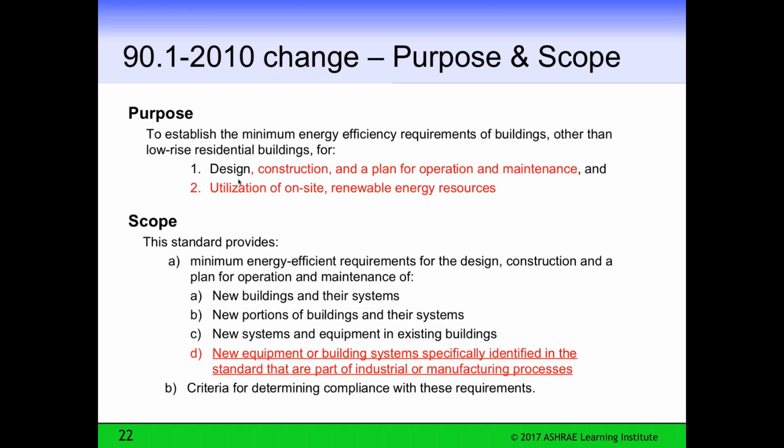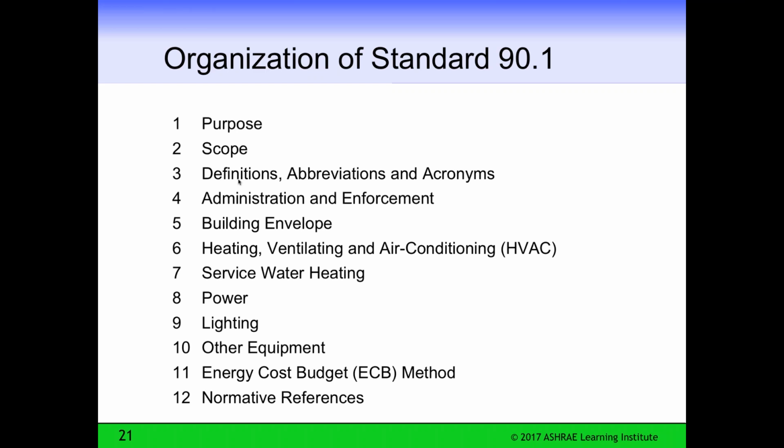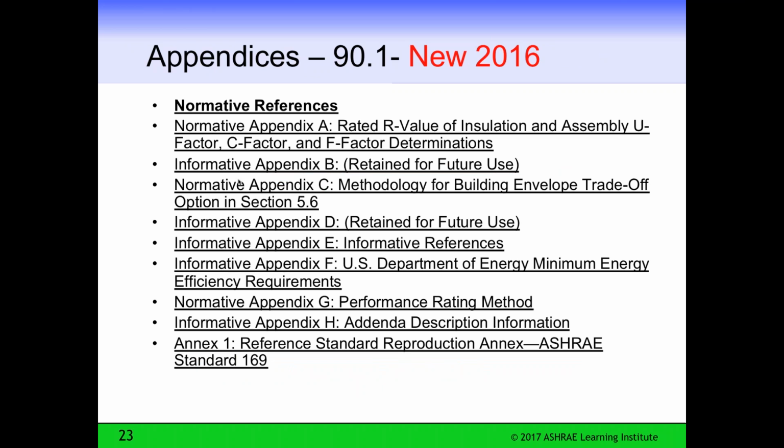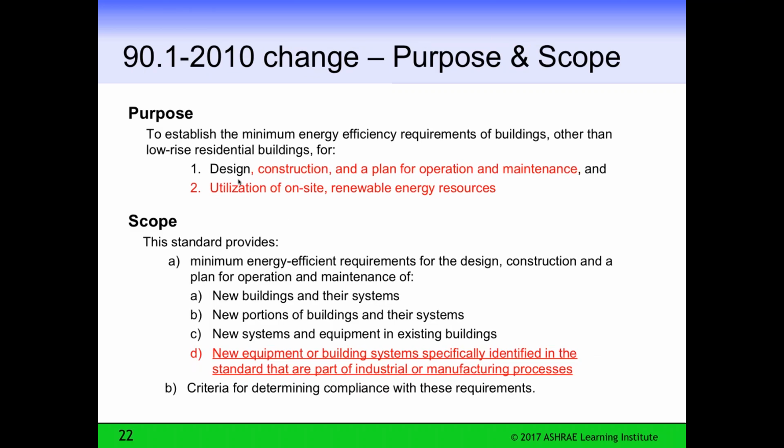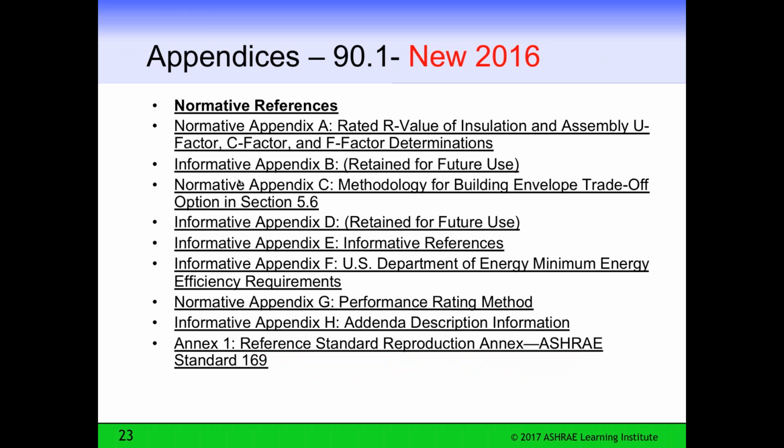And then the appendices, a series of appendices, which I'm not seeing. Oh, here are the appendices. We're out of sequence here. All right, so here are the appendices in 2016. Appendix A, B, C, D are for mainly climate related and envelope related measures. Appendix G, toward the bottom, is really an important appendix.